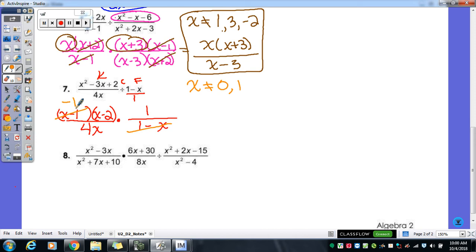Your life will be easier. So there's nothing else we can cancel. So we have a negative 1 times the 2x, or the x minus 2 times the 1. So I can just leave the negative 1 out in front there. And it would be over a 4x.